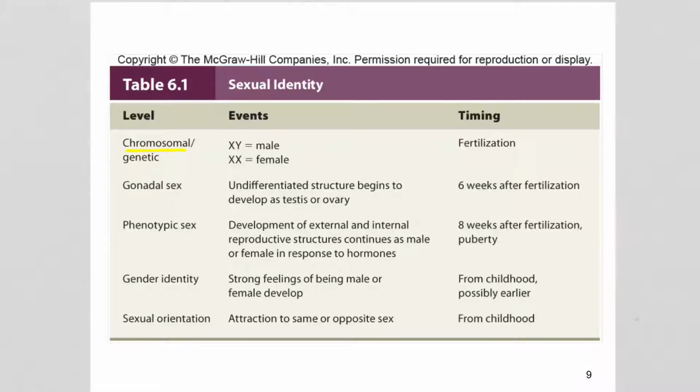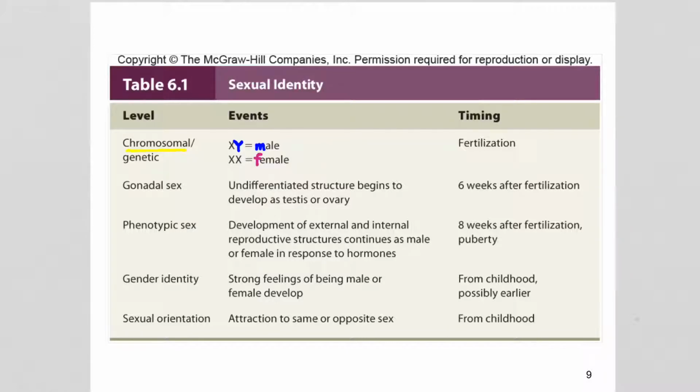So as we've been covering on the previous slide, at the most basic level, sexual identity is determined by our chromosomes and the genes on them. The Y chromosome is what carries that SRY gene that contributes to maleness.